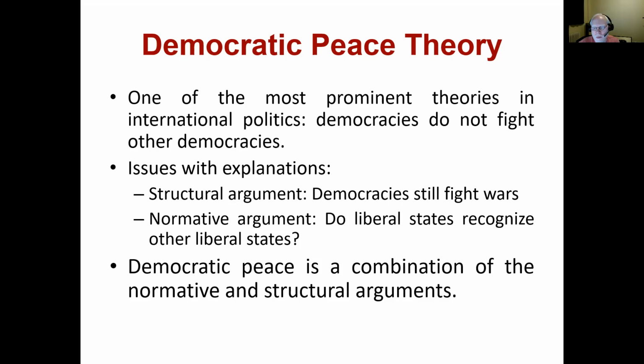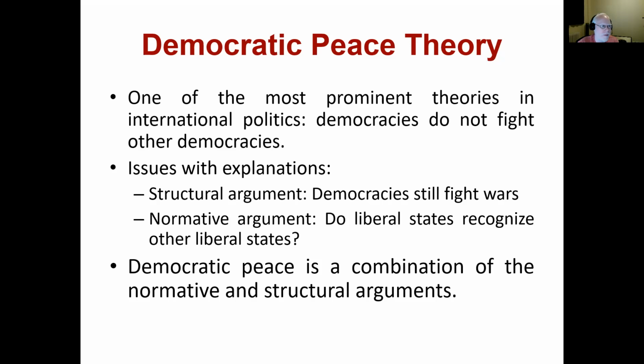From the structural argument, there are costs whether you fight other democracies or non-democracies. People are still going to be dying, and there are still costs of the war. So it shouldn't matter who you're fighting. But we see a tendency that democracies don't fight other democracies. So this argument doesn't fully account for this.